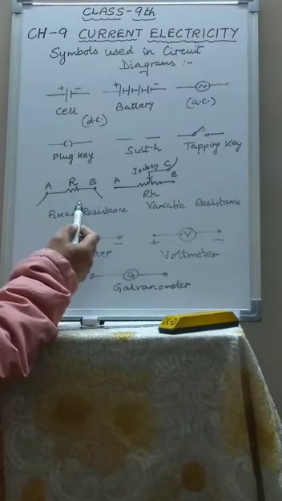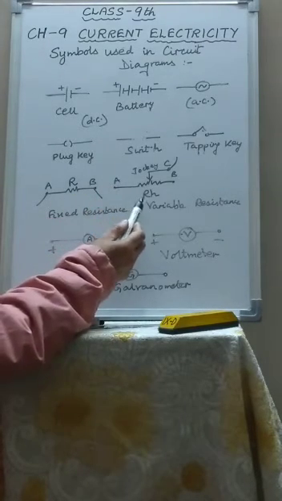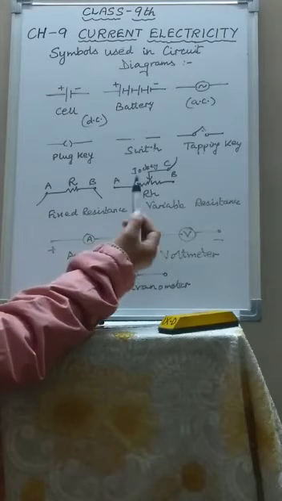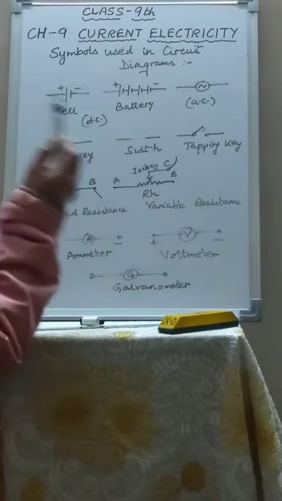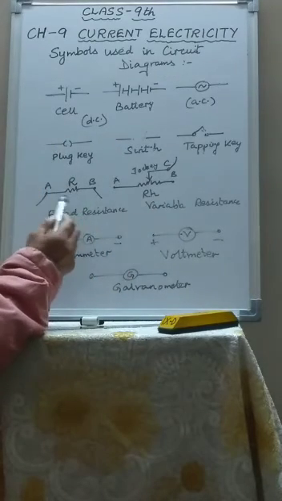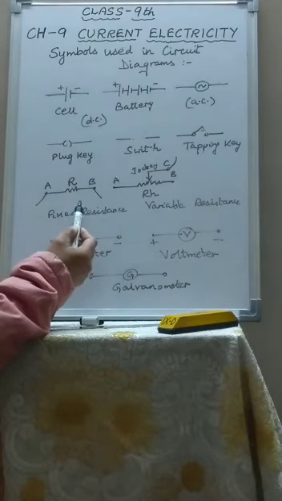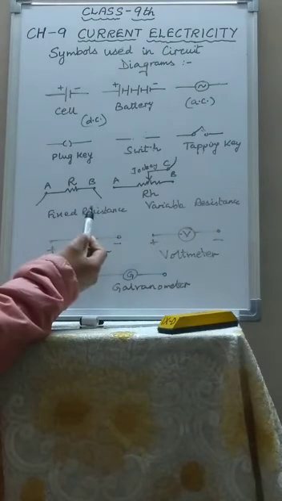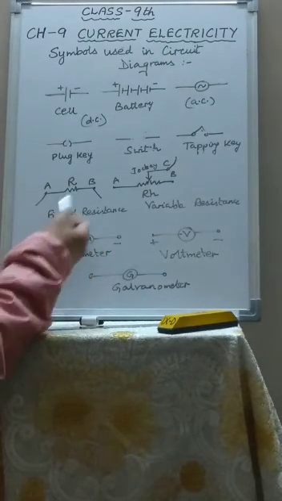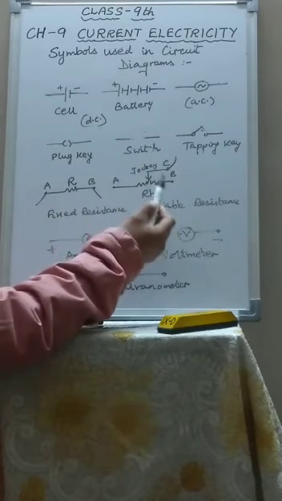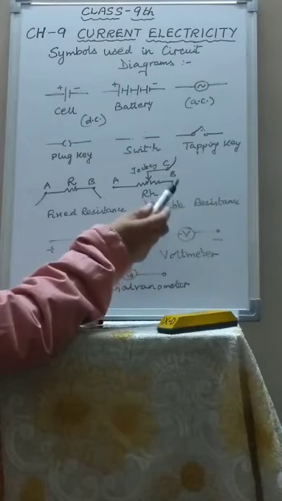And rheostat, which is denoted by RH, is a device by which the resistance in a circuit can be changed continuously. So if in an electric circuit you are using a cell or a battery, it will have a fixed resistance. But how can you change the cell again and again? So it's better to use a rheostat to get variable resistance. To change the resistance of the circuit, we use a rheostat.